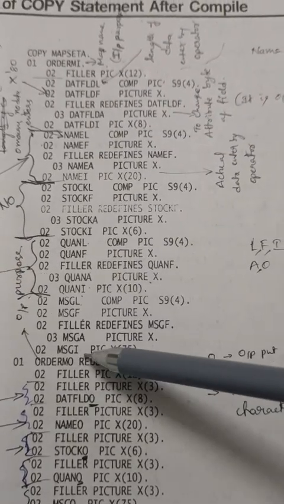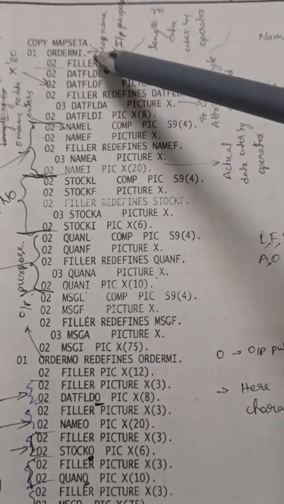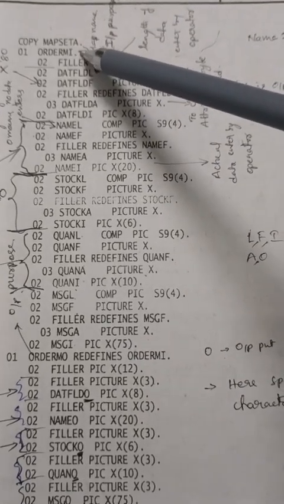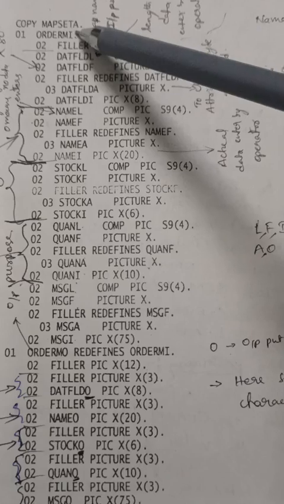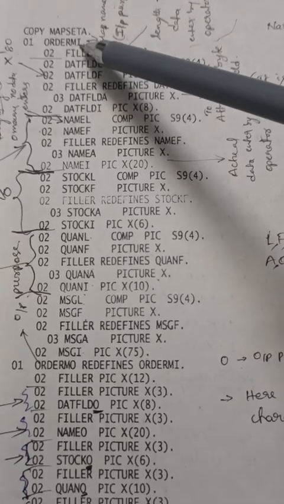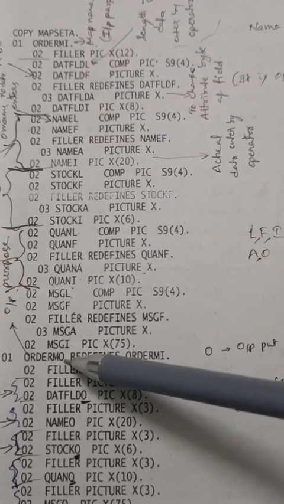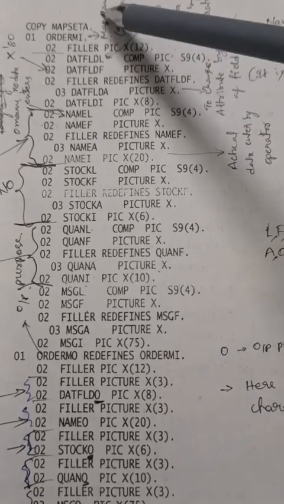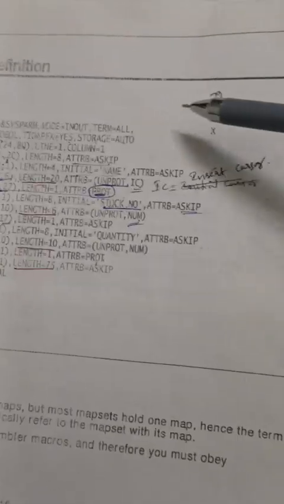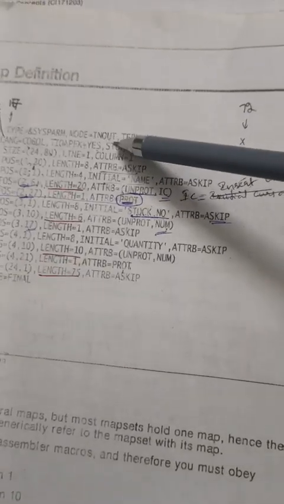That's why we get two fields, input and output. Here it generates ORDERMI as input and ORDERMO for output fields in the same map set, because in the physical map set we coded MODE=INOUT.